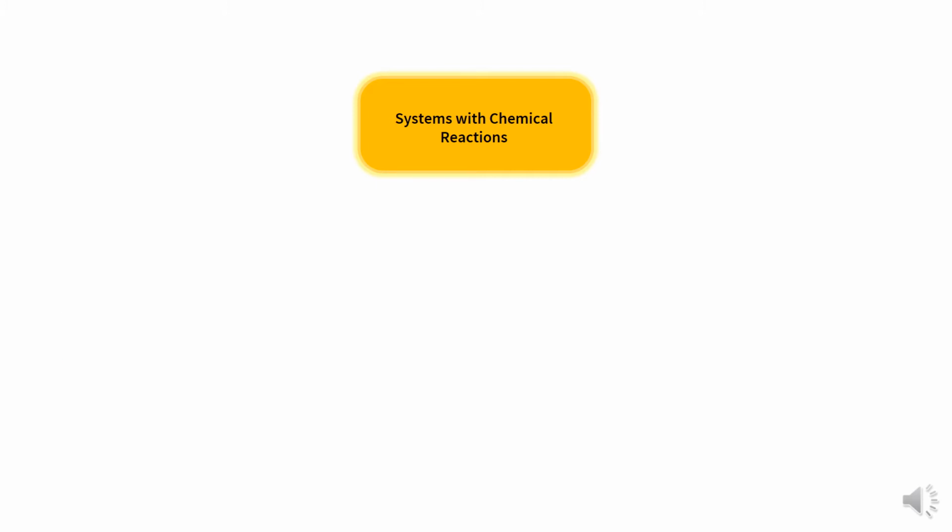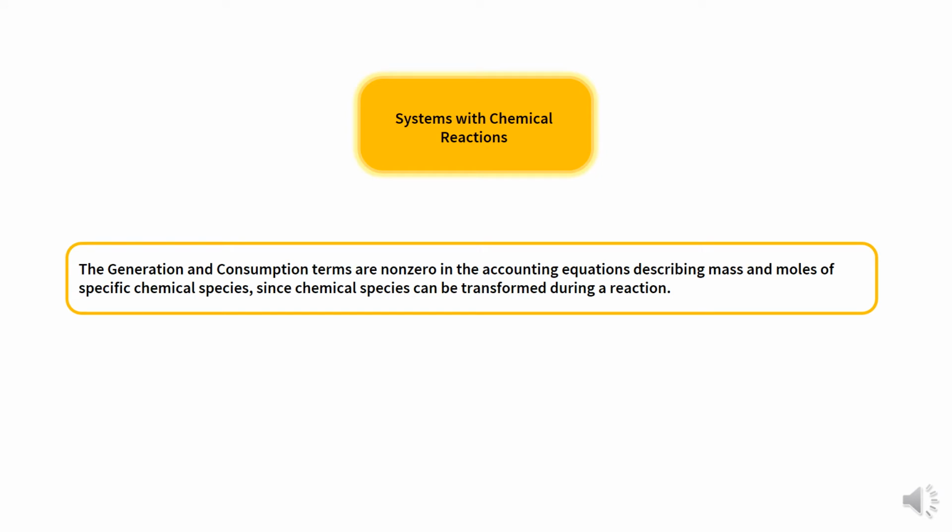In a system with chemical reaction, the generation and consumption terms are non-zero in the accounting equation describing mass and moles of specific chemical species, since chemical species can be transformed during a reaction.